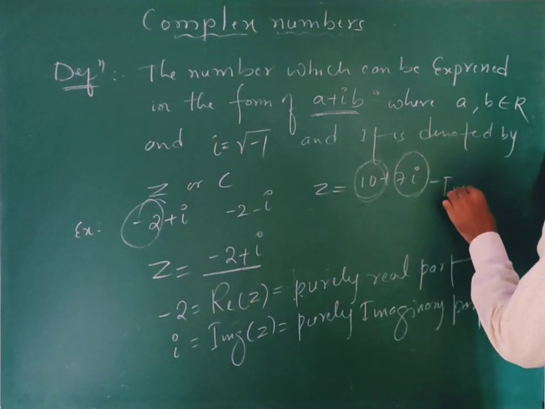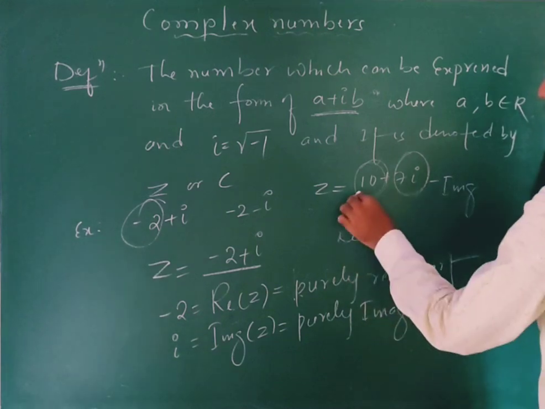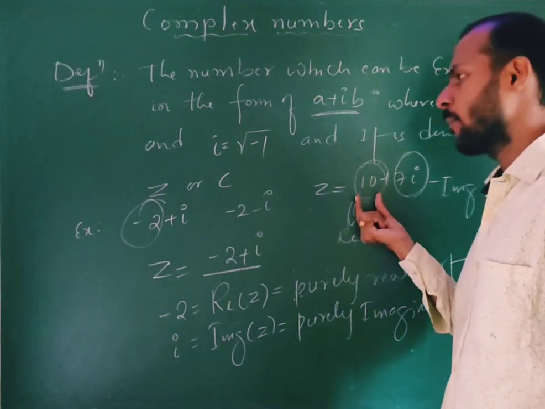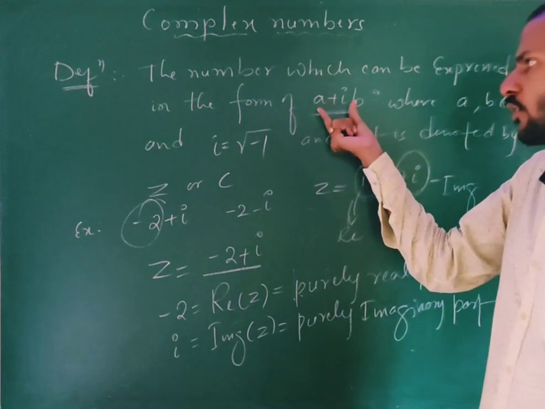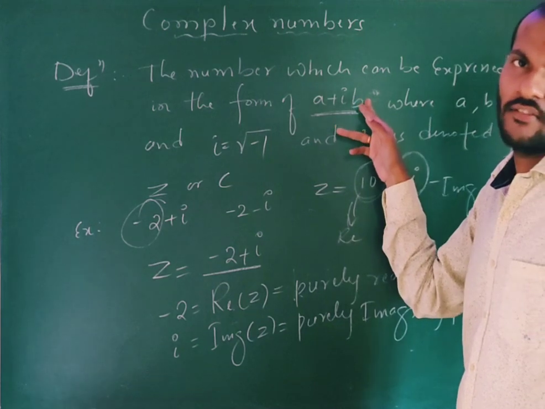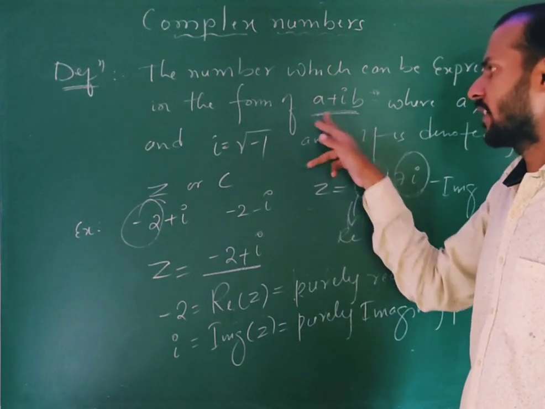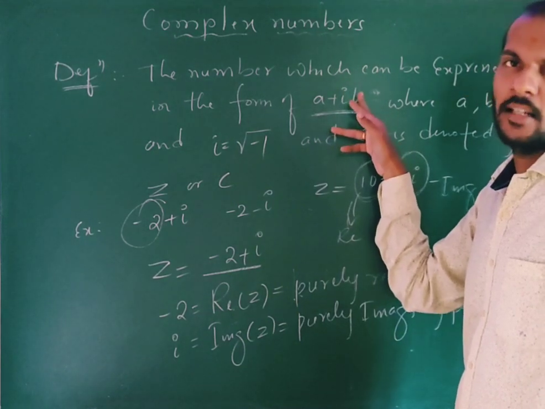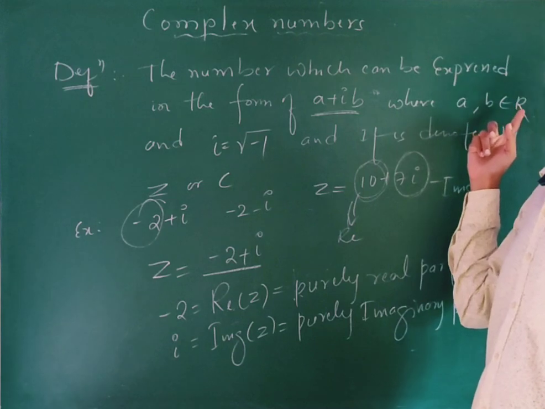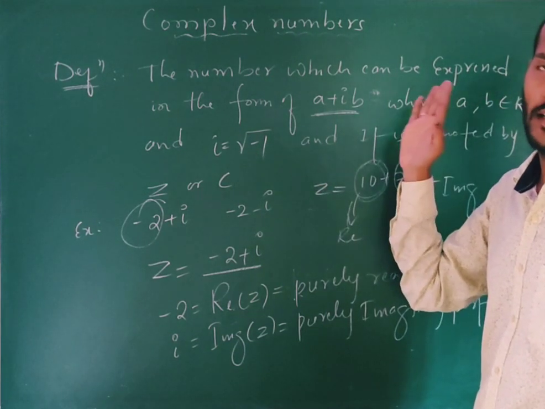Just remember the first term of a complex number is the real part and the second is the imaginary part. Standardly, complex numbers are denoted in the standard form a plus ib, where a is the real part and ib is the imaginary part, and a comma b must belong to the set of real numbers and the value of i is under root of minus 1.